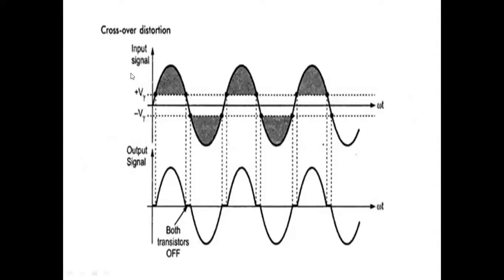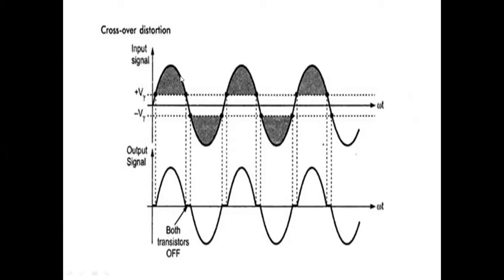If you take a class B power amplifier, let us consider the push-pull configuration. In the push-pull configuration, we are using two transistors. Let us consider we are applying a positive half cycle. During the positive half cycle, one transistor is on, and here we are using a center-tapped transformer, because of which only one transistor is connected.